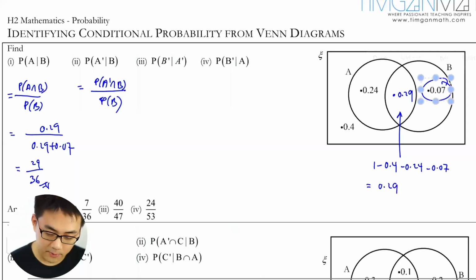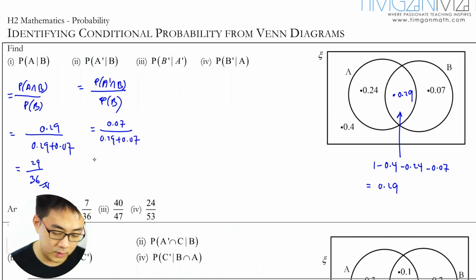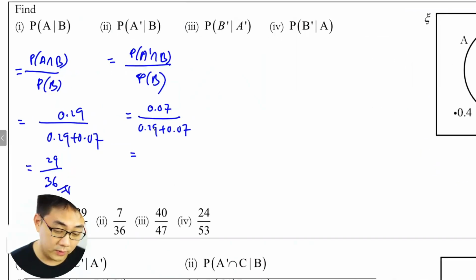A prime intersect B prime is, yes. If you put 0.07 only, you are looking at the global, like the universal chance of happening. So it's 36.